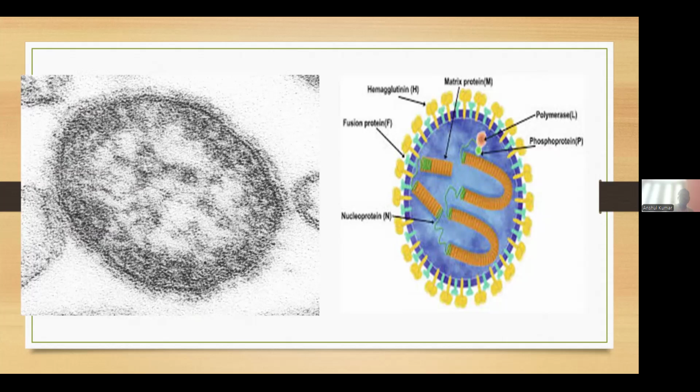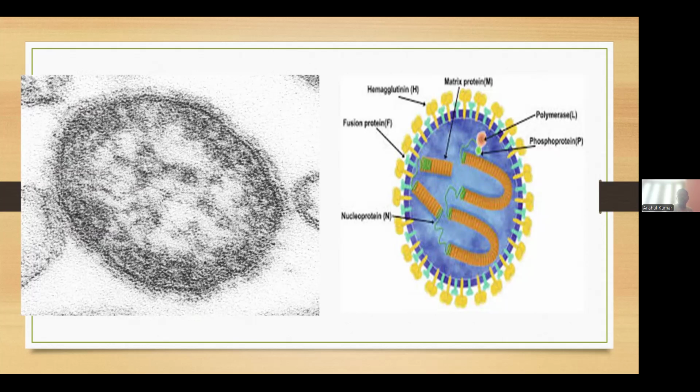Here, I'm showing the structure of the measles virus. This is the electron microscopic structure of the measles virus, whereas this is the diagrammatic representation through which you can see that it is basically an enveloped virus, whereas the outer envelope contains two proteins, that is the hemagglutinin protein, which is colored yellow, and another is the fusion protein.